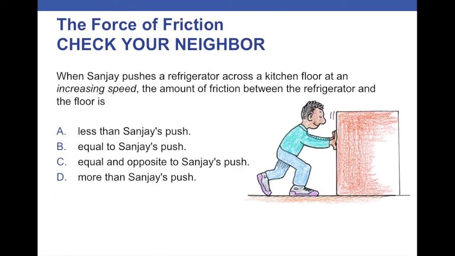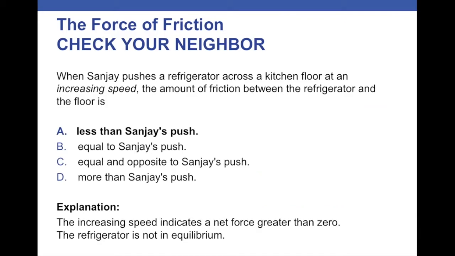Okay, here's another one. When Sanjay pushes a refrigerator across the kitchen floor at an increasing speed, the amount of friction between the refrigerator and the floor would be... A, less than Sanjay's push, because it's accelerating. Let's look at the wrong answers.